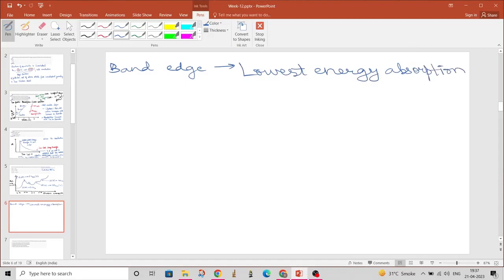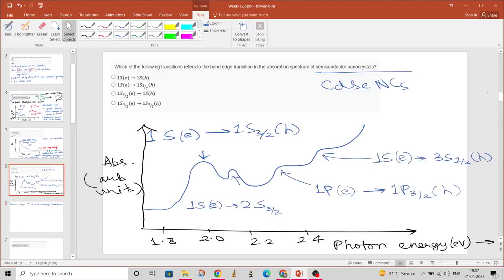Here, the x-axis is the energy, and the lowest energy band is this band, and it is coming from 1SE to 1S 3/2 H. So this one is the band edge absorption.